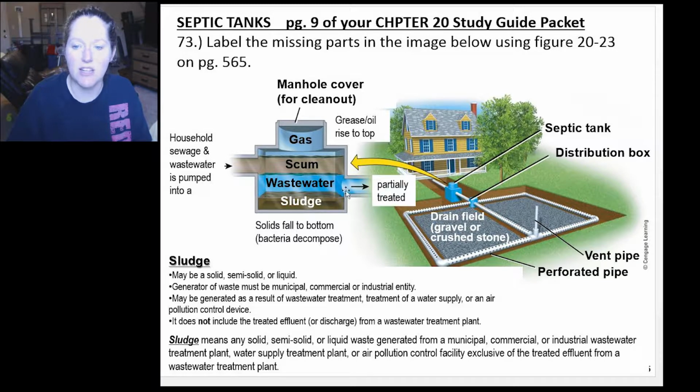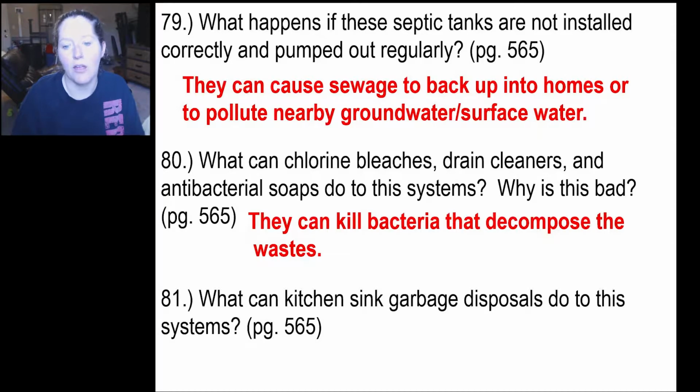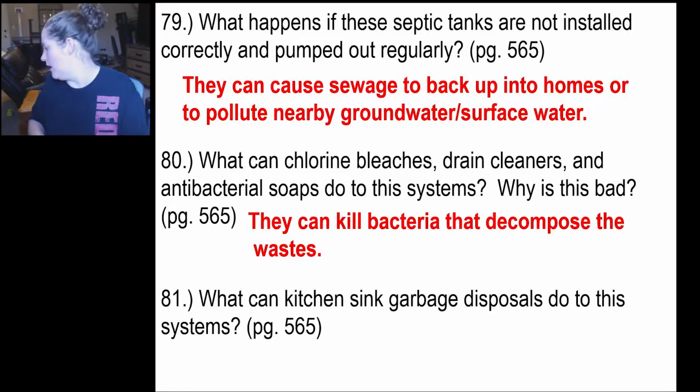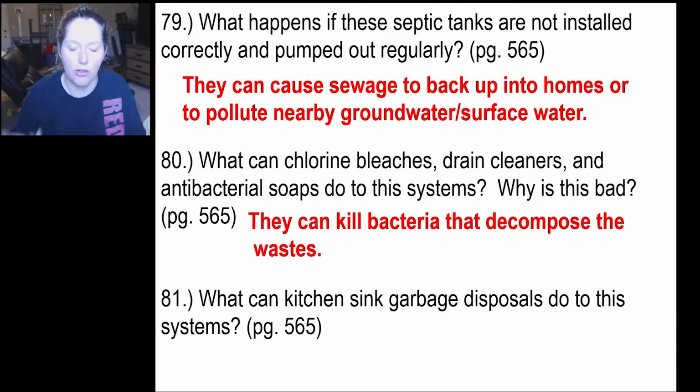And that means the sludge is going to fill up and stay longer, and that, again, can cause your septic system to back up into your house. So the bad problem is that those can actually kill the bacteria that decompose the waste and cause your septic systems to be overloaded. So you've got to be careful using those drain cleaners and other things.